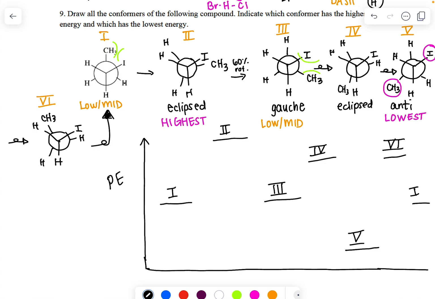Notice number 1 and 3 are the same energy, so let's connect these in a potential energy diagram. And again, the highest energy is when you have the larger groups, larger atomic number, larger atomic mass, eclipsing each other, and the lowest is where those larger groups would be anti to one another, or opposite one another, on the potential energy diagram.